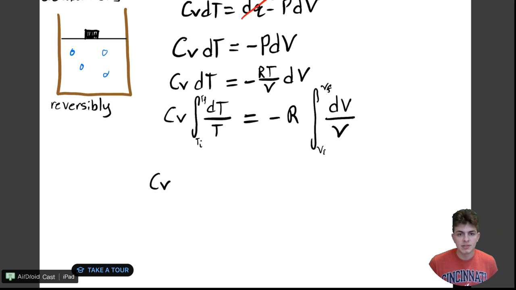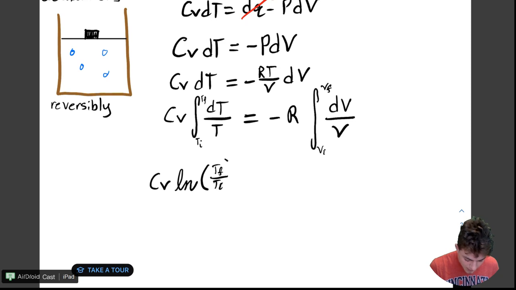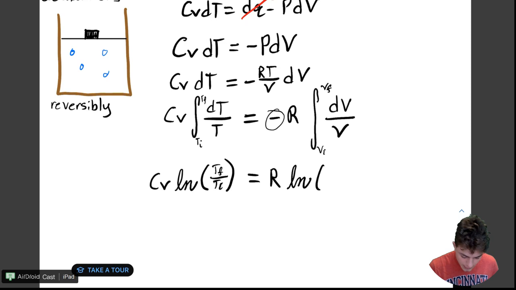Again, I'm going to skip the step of our log rules. So, this differential will be the final temperature over the initial temperature. And I'm going to go ahead and take out this negative sign here as well, and just flip the terms of the log. So, we'll say R times the natural log of initial volume over final volume.